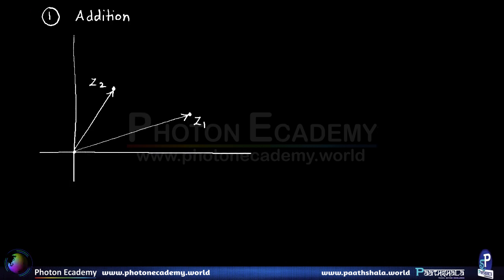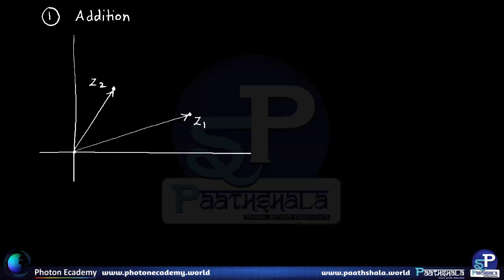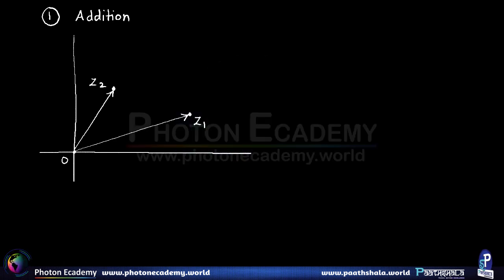So first one is addition. Now here let us consider two complex numbers in general denoted by z1 and z2, and as shown here. Alright, now whenever we want to do the addition of these two complex numbers, if we translate this in terms of the vector addition, then we know that the two vectors are added using the parallelogram law.